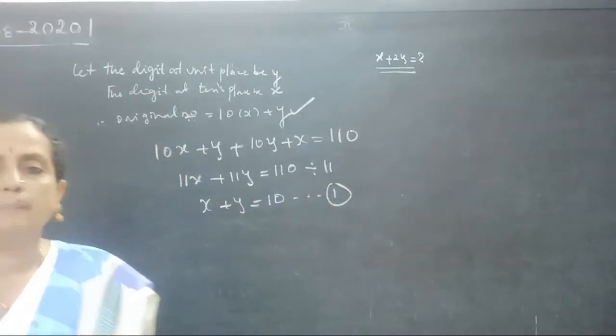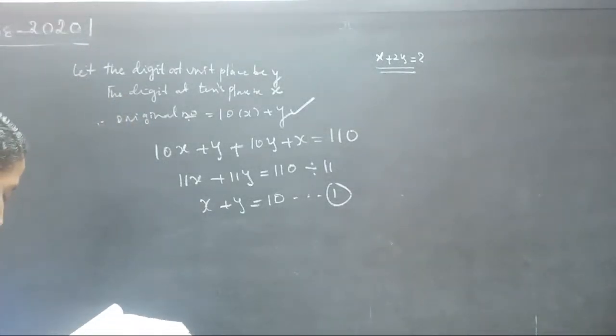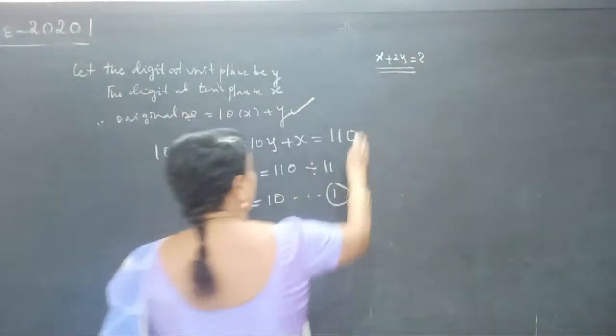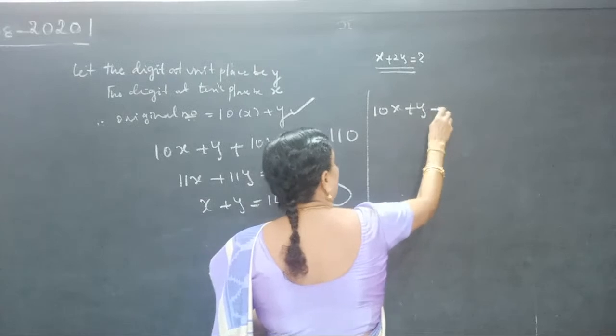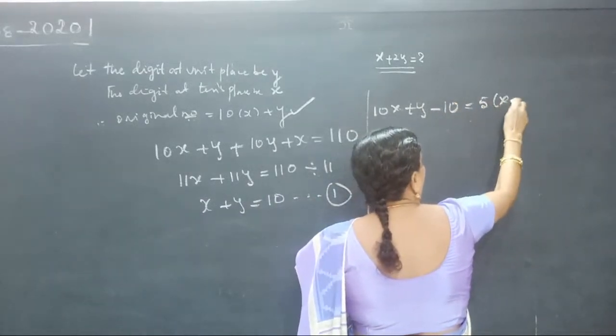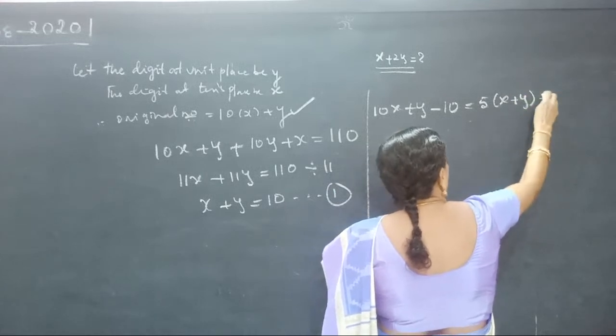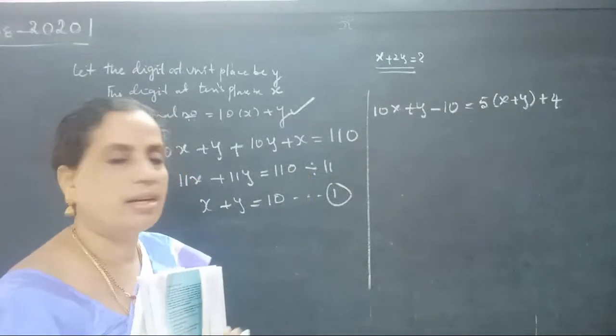That is the first condition. Second condition: it is given that if 10 is subtracted from the first number, 10x plus y minus 10, it will be 4 more than 5 times the sum of the digits. This is the second condition.